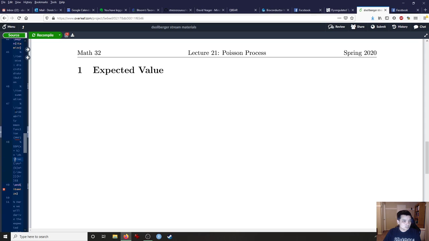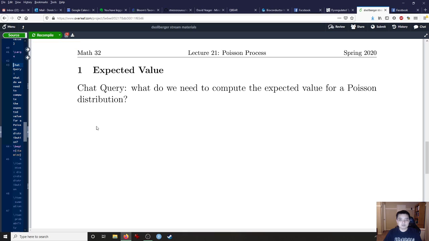So I want us to think a little bit more deeply about that. Let's see, where is my code? What I'm hoping is that we could spend a minute where you think to yourself, what do we need to compute the expected value for a Poisson distribution?